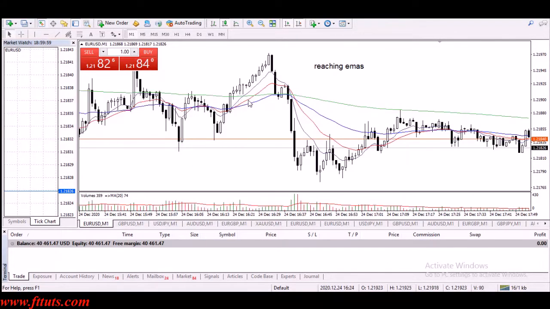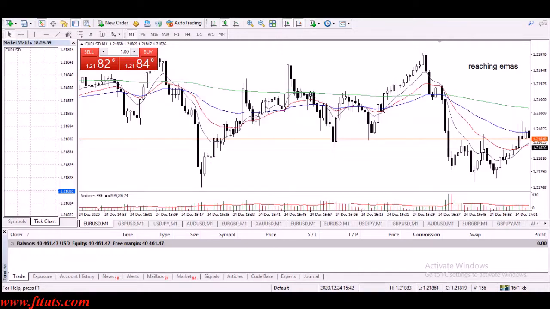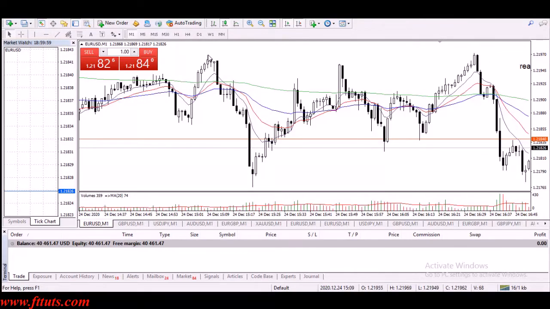So this one, okay, this one is perfect. For example, here price went up making a very big candle. Let's say you started to sell from here and the price reached back EMAs, you will be closing there. And also buy here. Now let's check it. So sell here and close on EMAs.